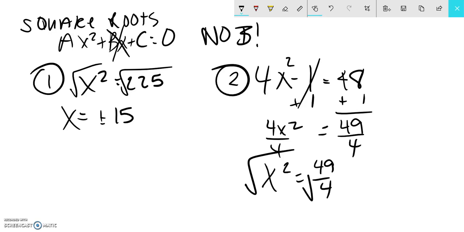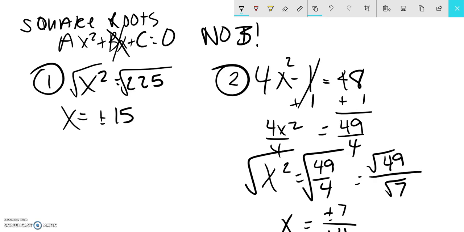I'm going to take the square root of both sides. So it becomes x equals plus or minus 7 over plus or minus 4, because this breaks into the square root of 49 over the square root of 4. Sorry, 4. So this should be 2, not 4. My bad, sorry. So plus or minus 2.